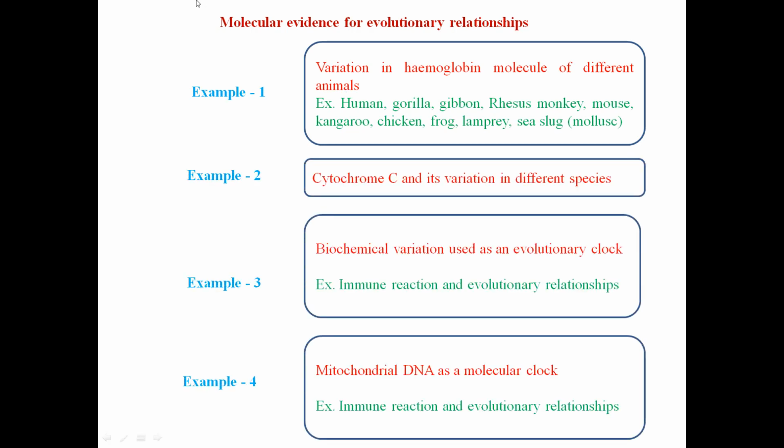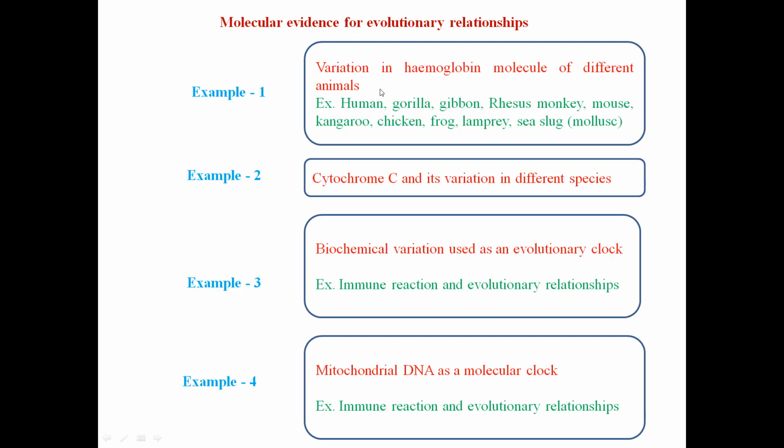In this chapter, we are going to see 4 examples of molecular evidence for the evolutionary relationship of humans with other organisms. The first example is the variation in hemoglobin molecule of different animals compared with human.